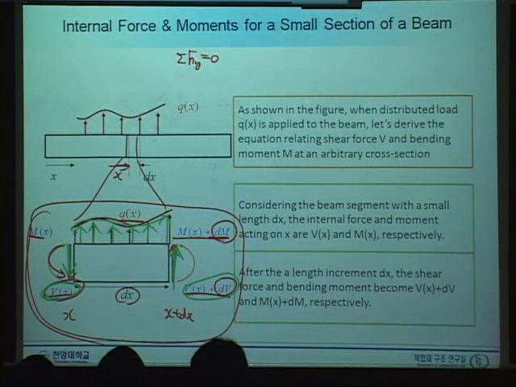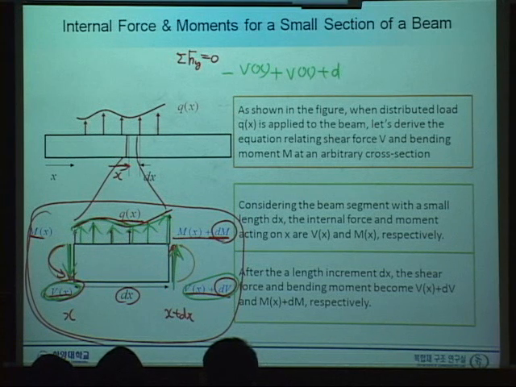So all of these y-directional forces should be in equilibrium. Is that minus or plus? Yes, it's downward. Of course, that is minus. On the right hand side, we have a plus Vx plus dV. That's the plus.